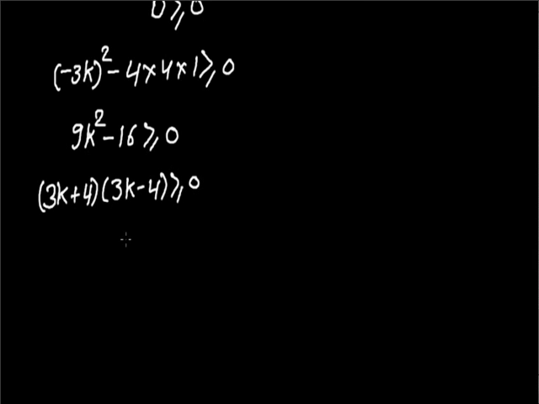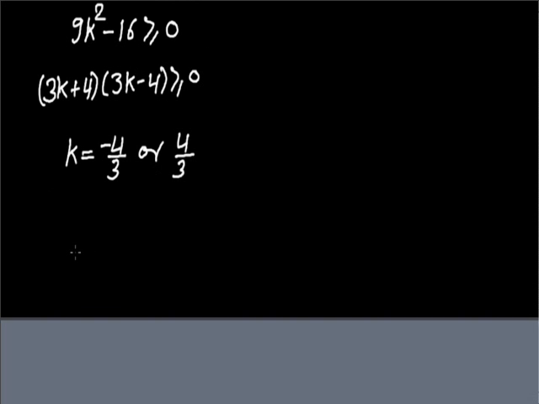Now since the solution is for the inequality greater than or equal to 0, if we plot these points, the critical points, where the value of the function is 0, are k = -4/3 or k = 4/3.